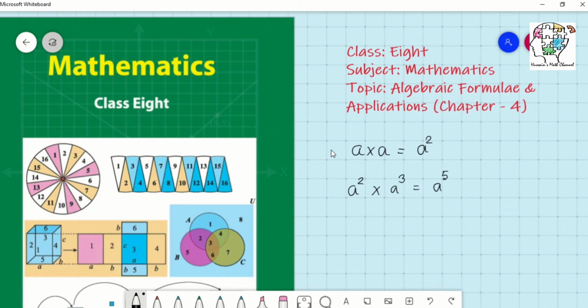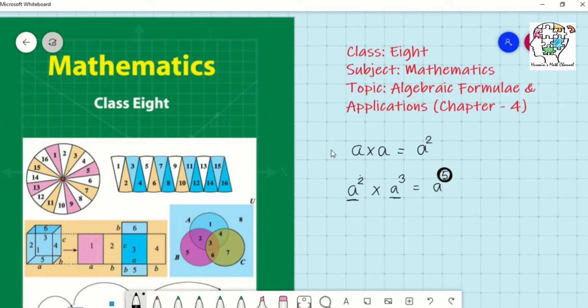Here the power of the first a is 2 and the power of the second a is 3. So to calculate easily, we can just add the powers and write a single a with that power. This power is also known as index or degree.